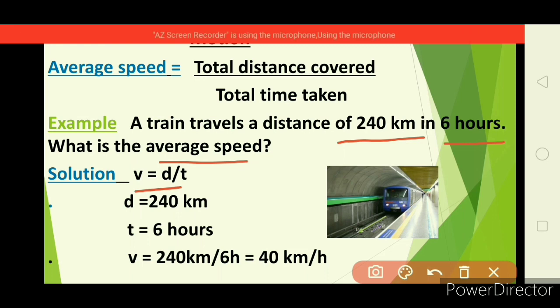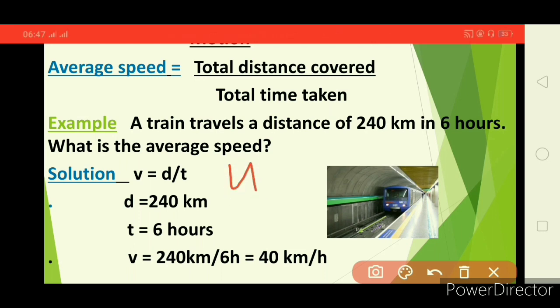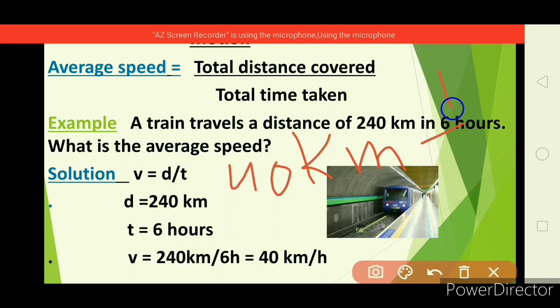Here the value of distance is given as 240 km, time is given as 6 hours. So we put values of distance and time in the formula. v equals 240 km upon 6 hours, which equals 40 km per hour. That means in per hour the train travels 40 km.